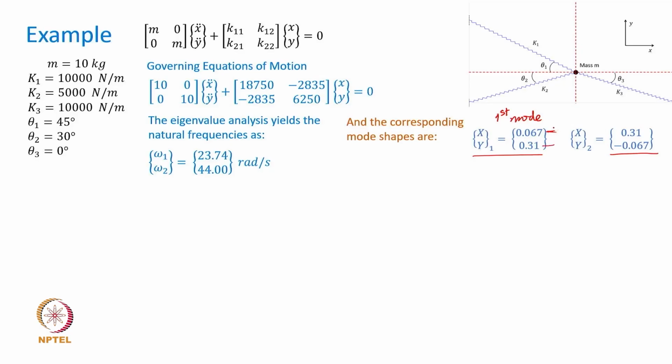That means if x is equal to 0.067 units, y will be 0.31 units.